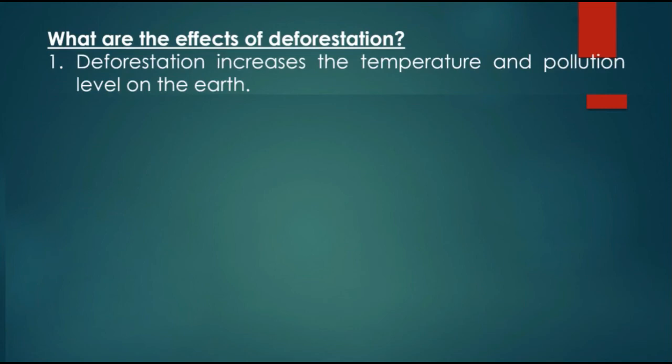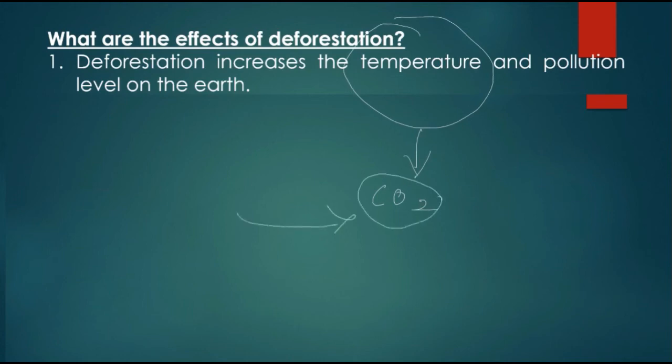Again, I am concluding what is learnt in this video, that temperature is increased because of increase in carbon dioxide. CO2 is carbon dioxide. And why will there be an increase in carbon dioxide? Because of fewer trees.